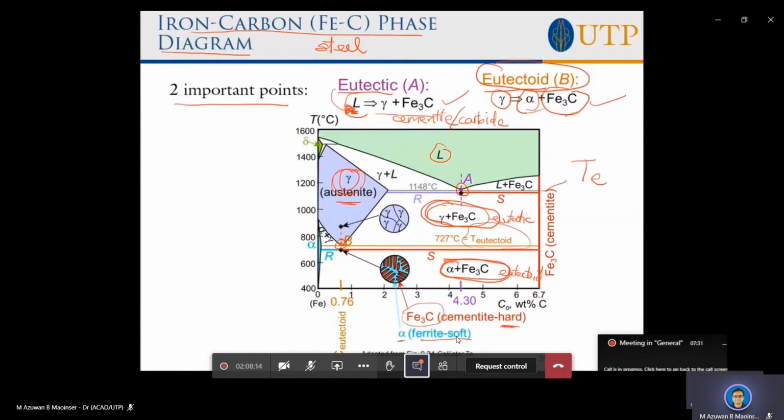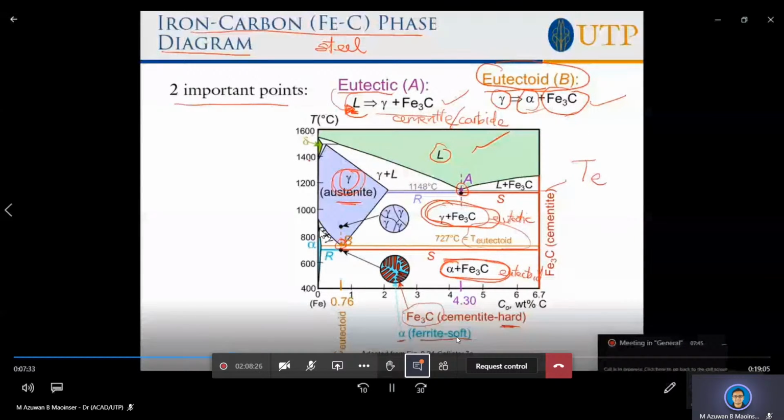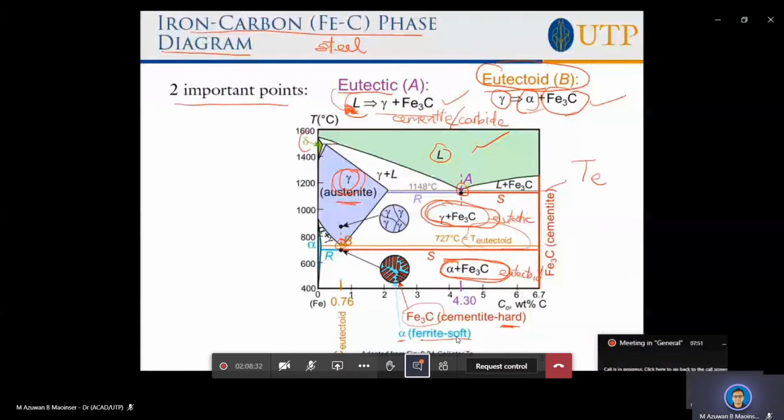So basically, if you look at this phase diagram, it is more complex, so many lines everywhere. All right, so you have totally liquid here, you have delta here, the small region up here. In fact, there's one peritectic reaction above here, so never mind, we can skip that for a while.